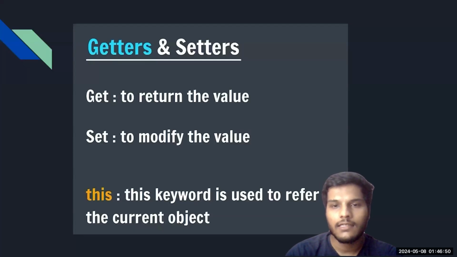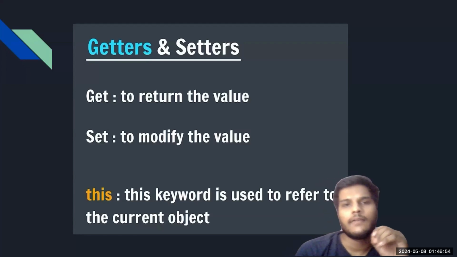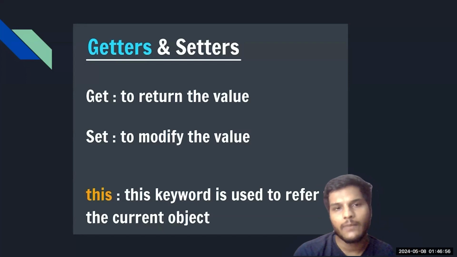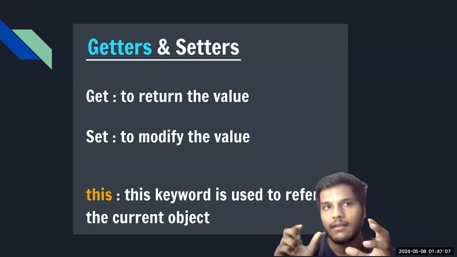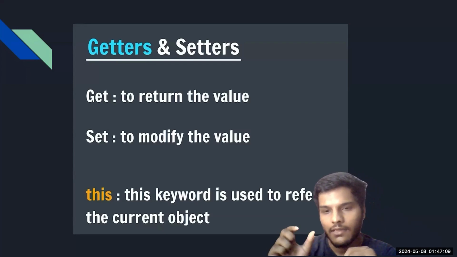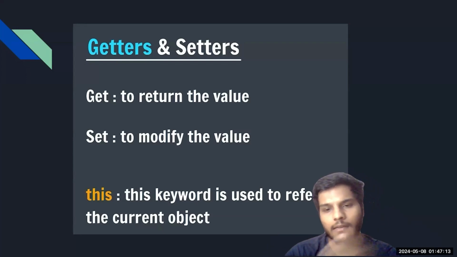So now let's see what are getters and setters. Earlier we saw that when we declare our variable as private in our pane class, it was not directly accessible outside the class in our main method. I declared private in front of our color variable, so our color variable was not accessible in our main method.